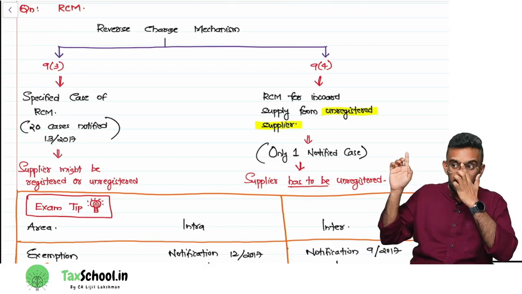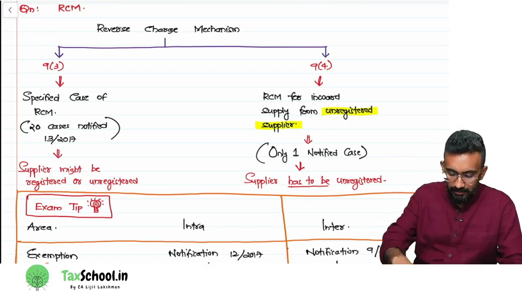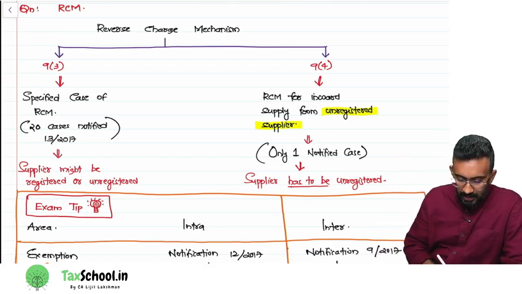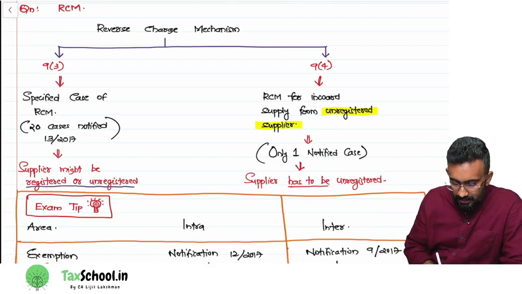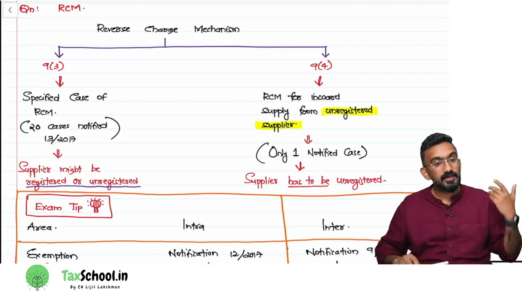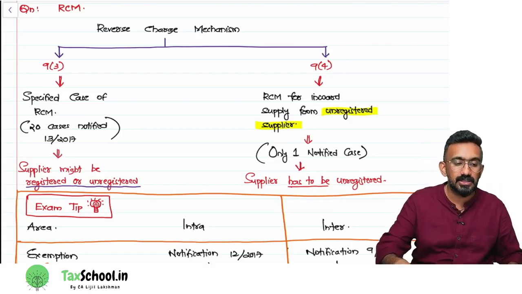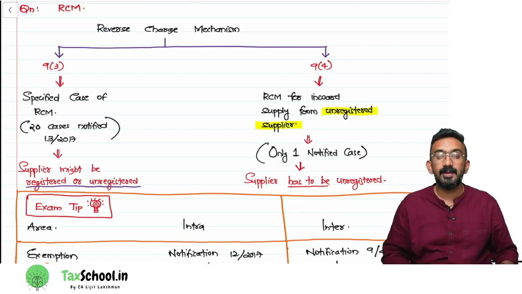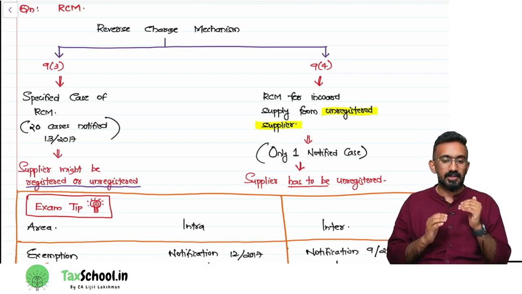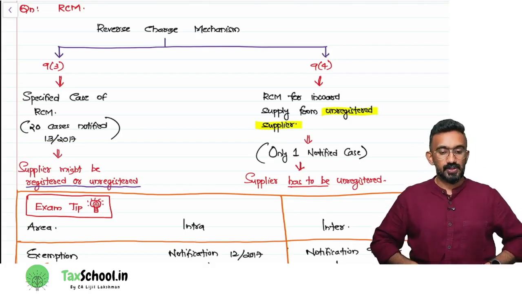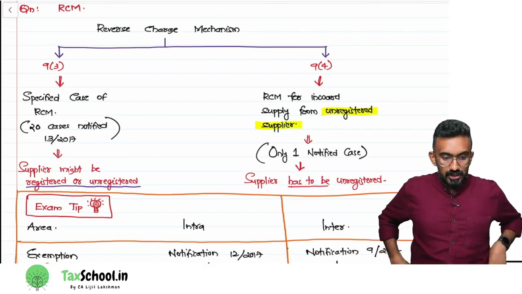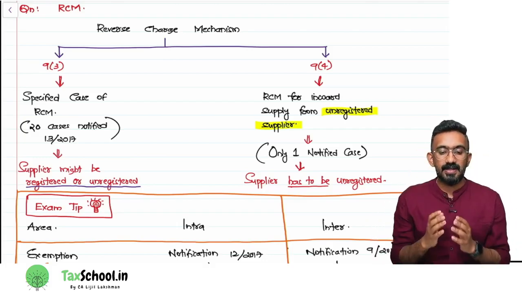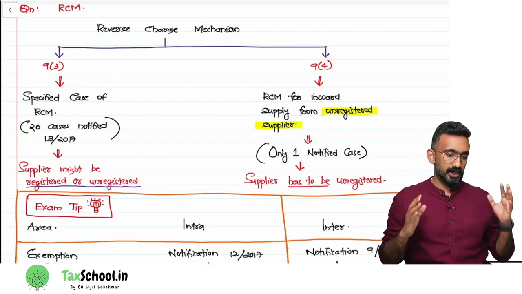And in 9.3 cases, the most important point would be this: the supplier could be registered or unregistered. Sometimes the supplier will have a GST number, but still who will pay taxes? Recipient will pay taxes. Why? Because it is notified that the recipient should pay taxes. Because it is notified, in those cases, the entire GST is paid by recipient.